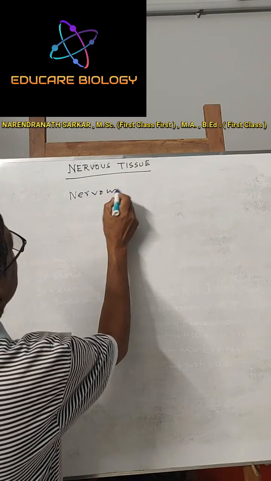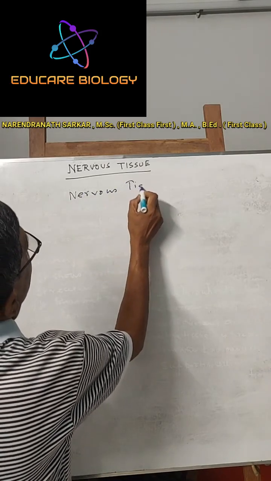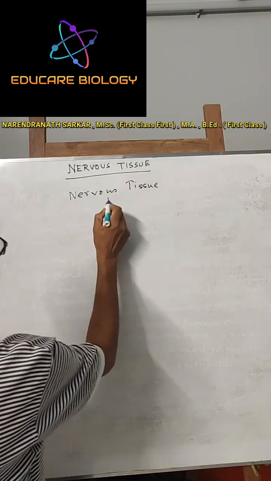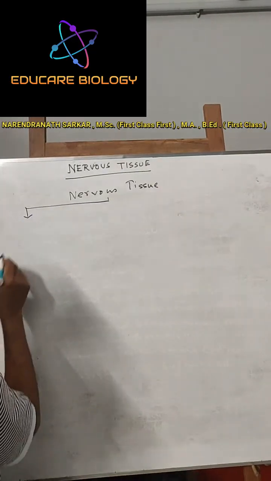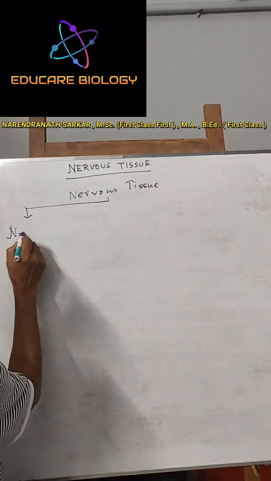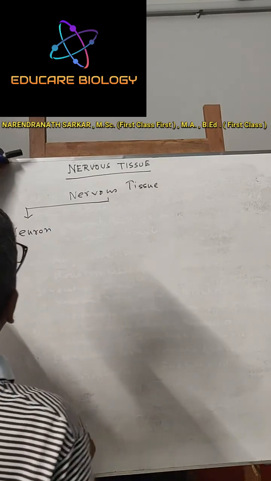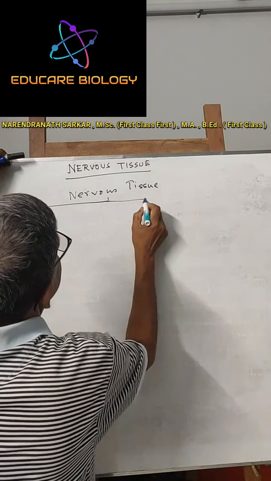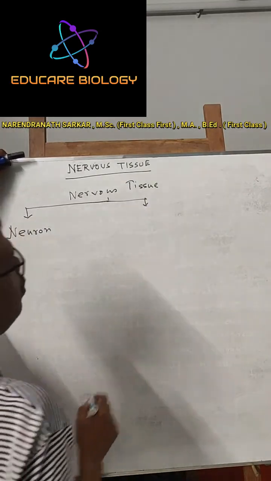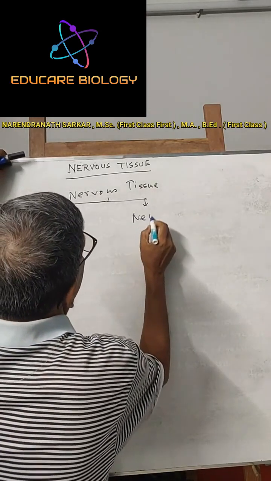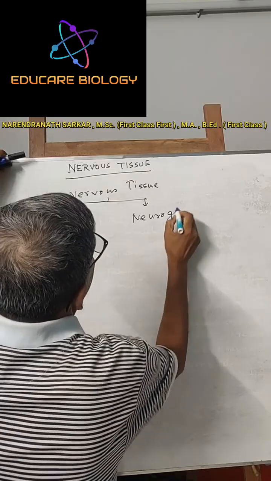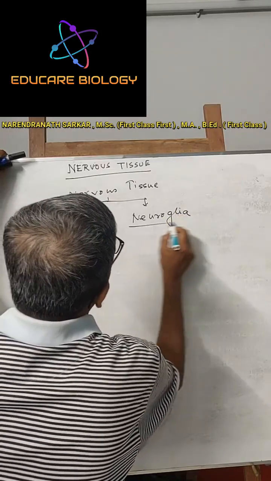Nervous tissue is composed of neuron or nerve cells and neuroglia, the glial cells.